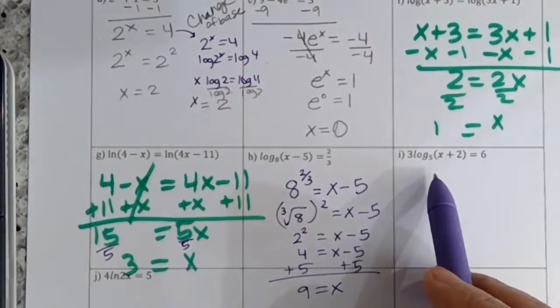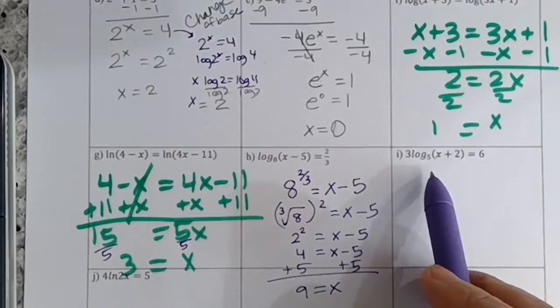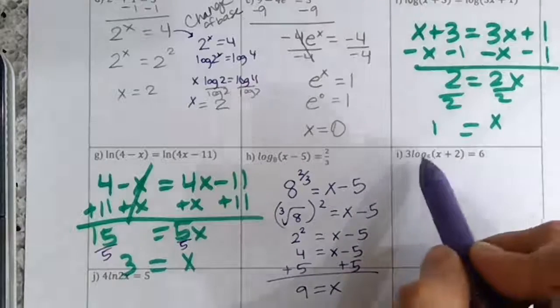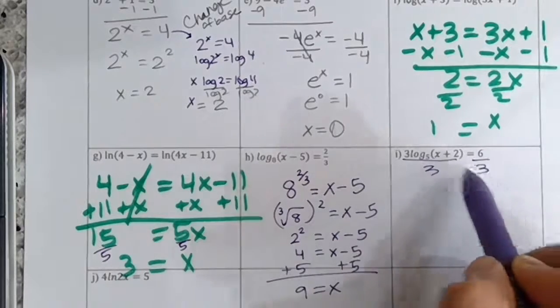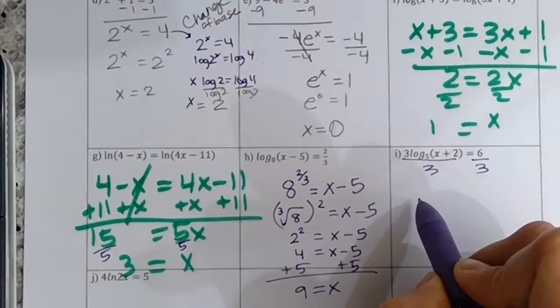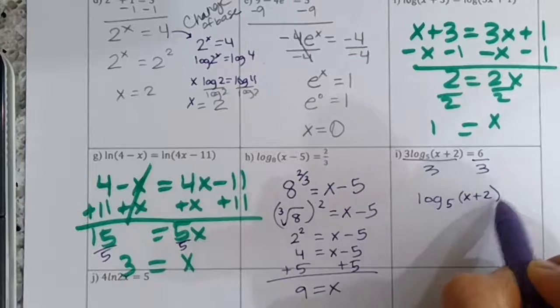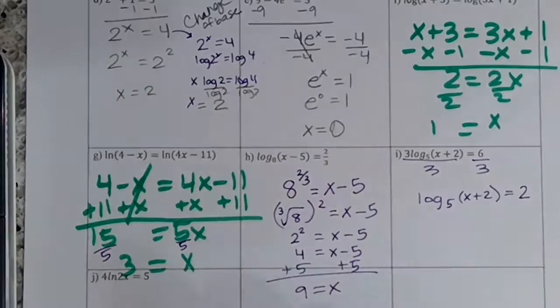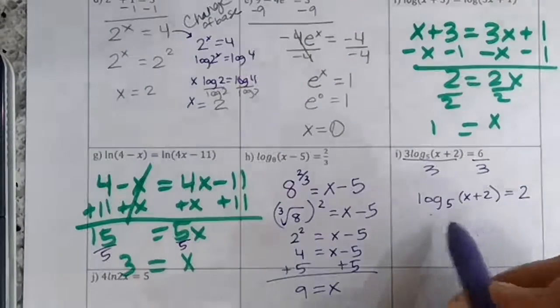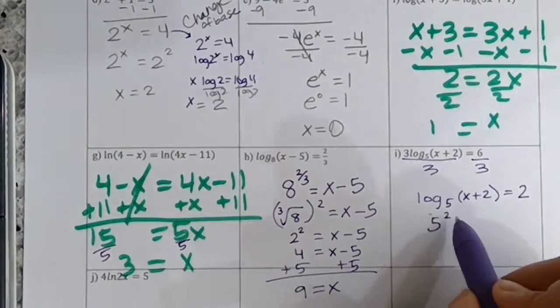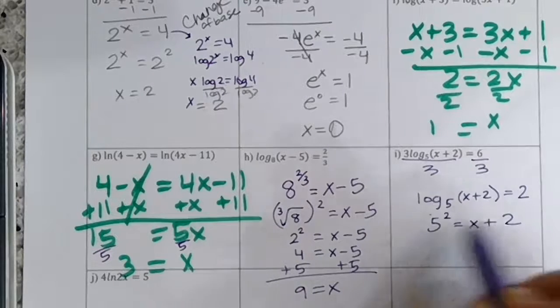All right, this one, I think I'm going to go ahead and divide by 3 on both sides first. Then I'm going to change it from logarithmic to exponential. So 5 squared equals x plus 2. Clean that up.